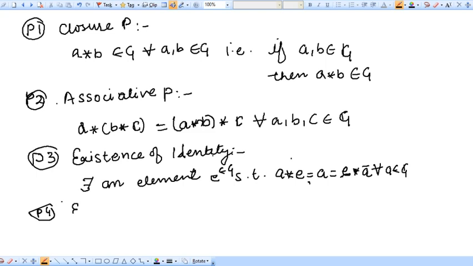Property number 4, existence of inverse.